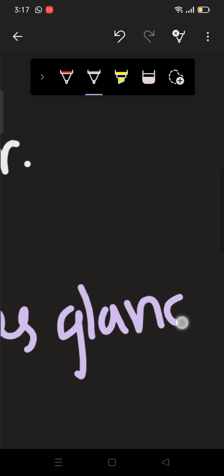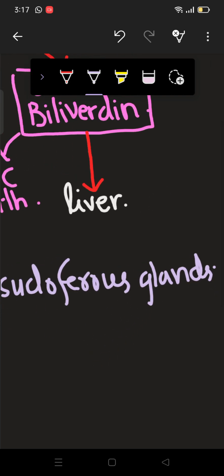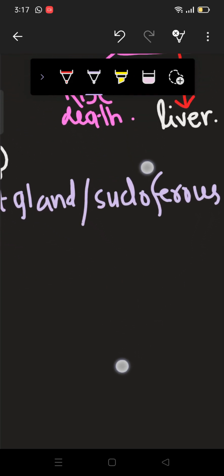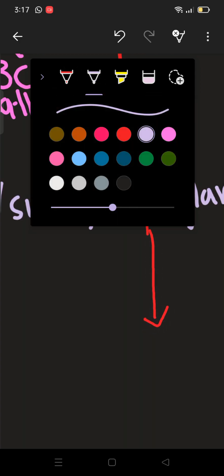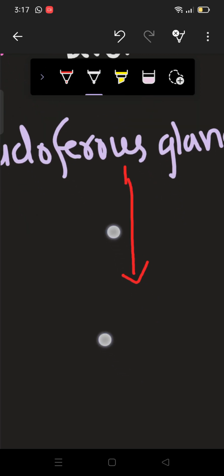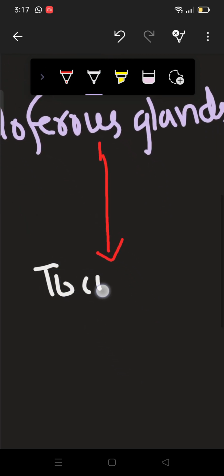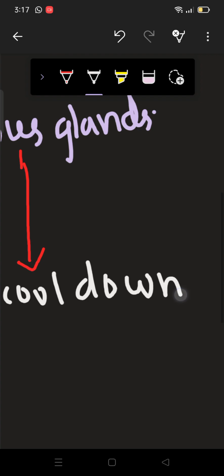And its main function is to cool down the body.